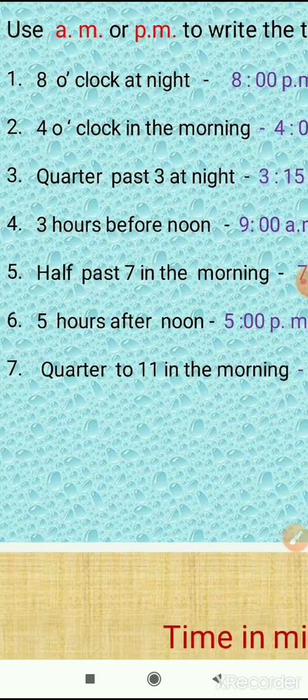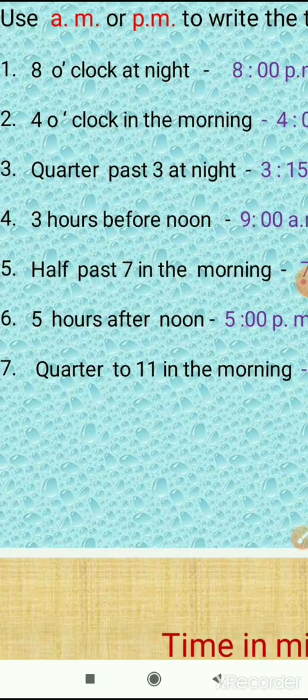Quarter to 11 in the morning. Quarter to means it is still not 11 o'clock. In exercise 1, I told you that quarter to means the minute hand is on the number 9. When it is on the number 9, it means 45 minutes past.